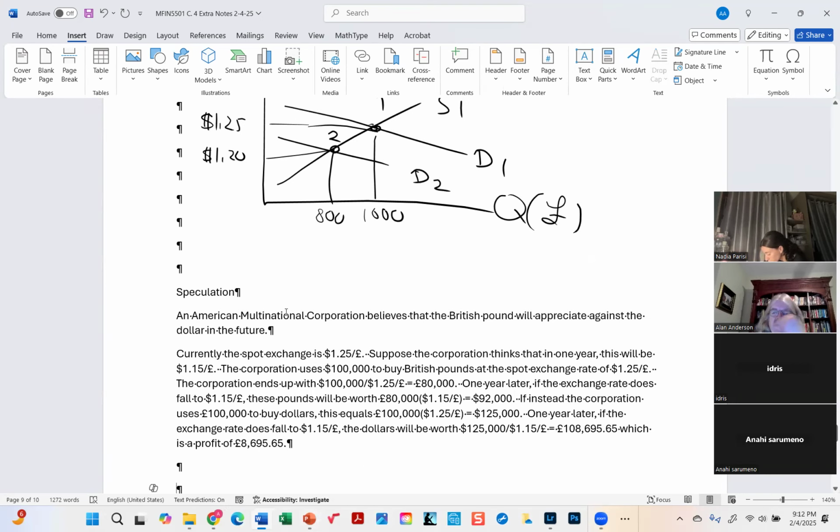So in other words, we can speculate by either trading dollars for pounds or pounds for dollars. That depends on which currency we expect to get stronger. Now, of course, we make money only if we're right. If the dollar depreciates instead, the corporation can lose money with its speculation strategy.